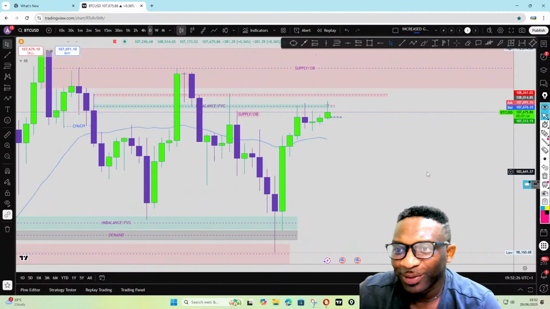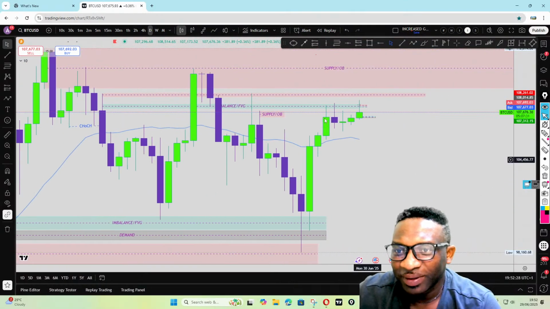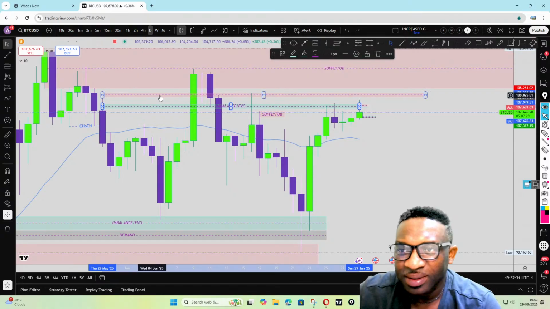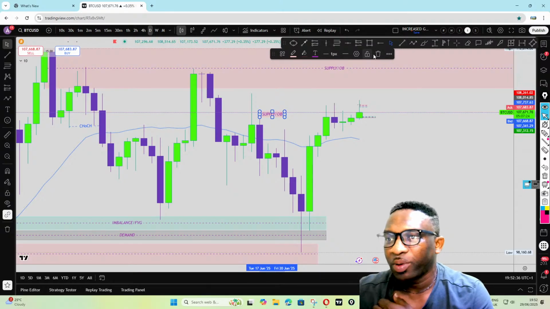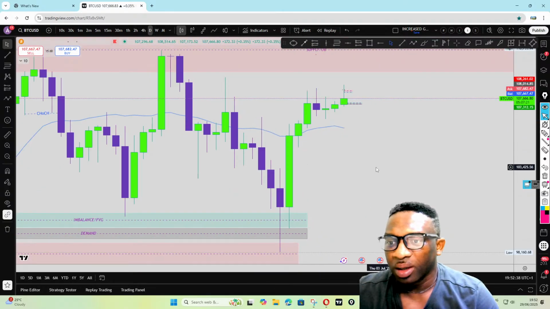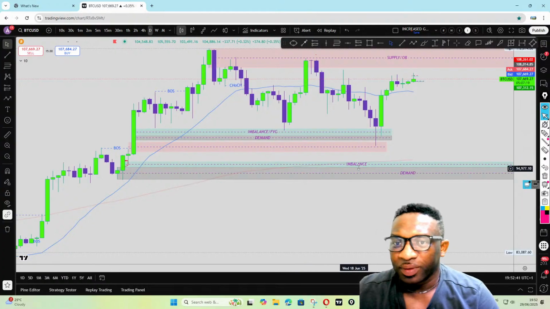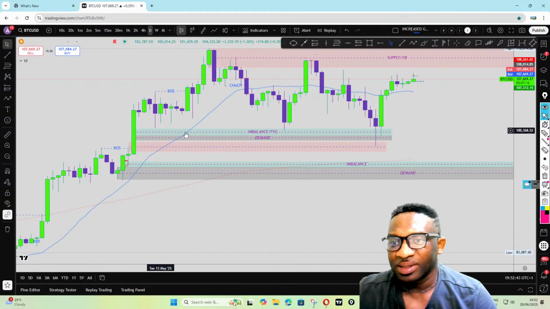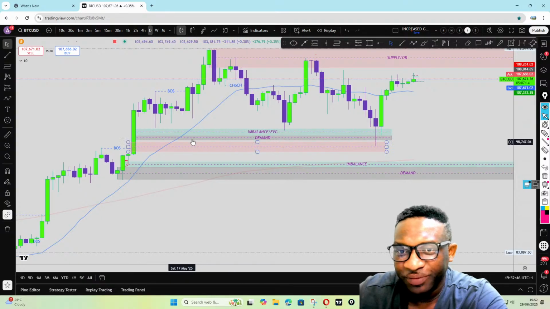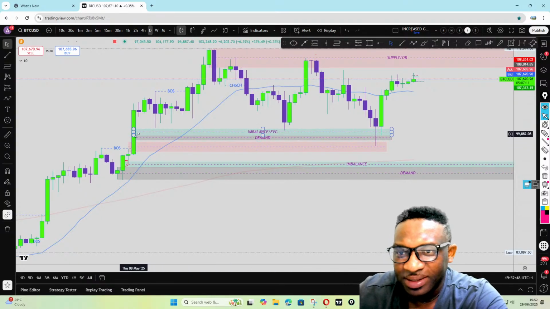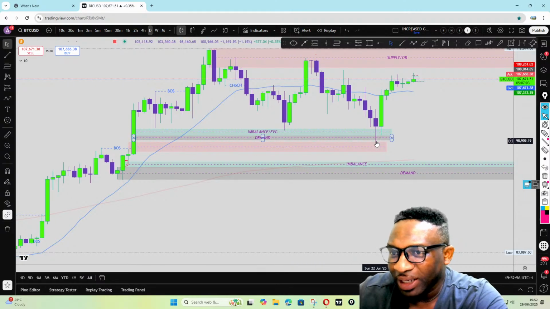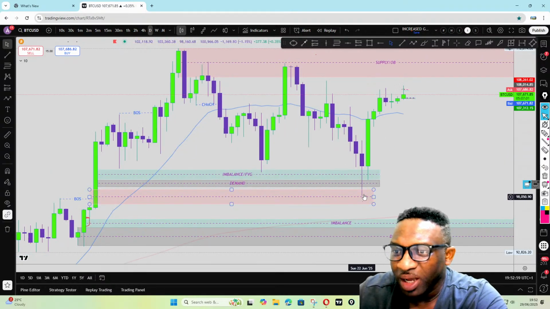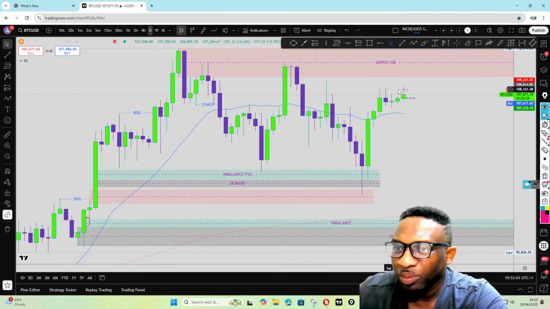I think I've done a lot of marking here. Let me delete some of these out and clear this, so that we can look at it from this point on. On the daily time frame, these are areas that I marked previously, and we could see that we had a tap in, and from this tap in we pushed up, and then we had another tap in where we had another move out.